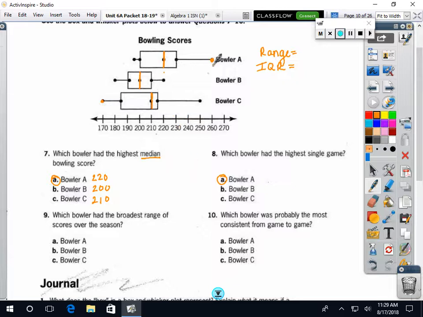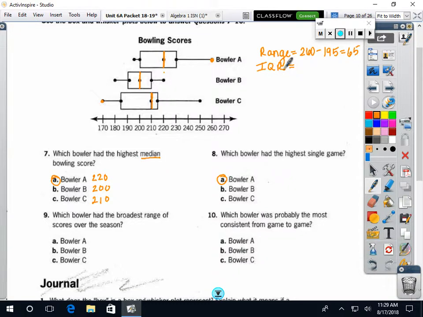Correct. You do the maximum minus the minimum for bowler A. What was bowler A's maximum? 260. What was his minimum score? I'd say 195, because doesn't it look to be right in the middle of those two, which is 195? So his range for the season was 65 points.